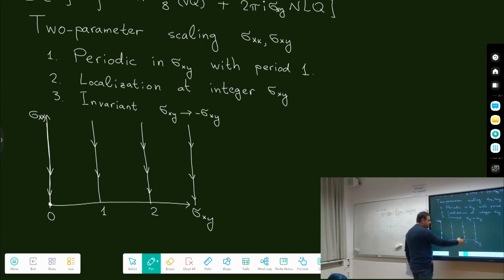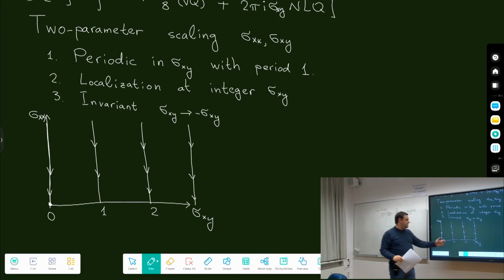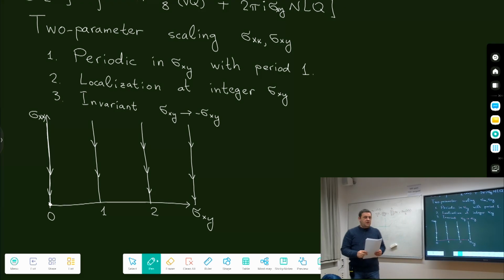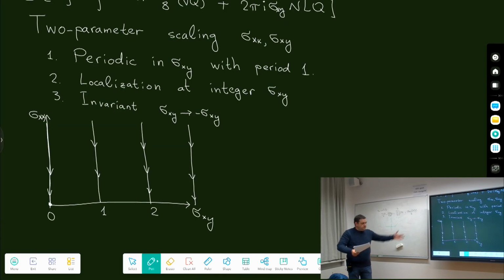So along these lines, if we start our flow with some value of sigma xx and an integer value of sigma xy, it should flow exactly vertically. Sigma xx decays, sigma xy is fixed and doesn't change, either 0 or any other integer number. That's all. From these properties you cannot draw much more.